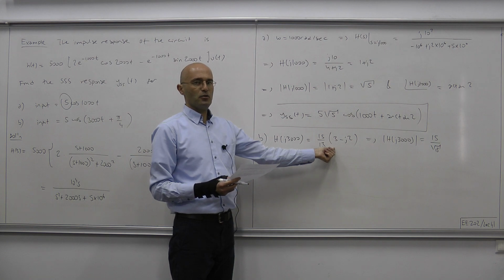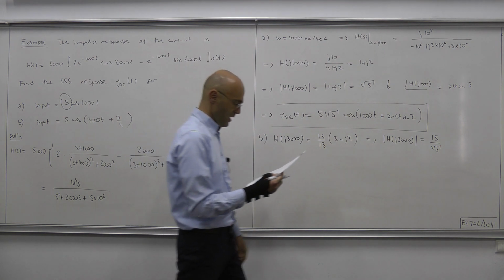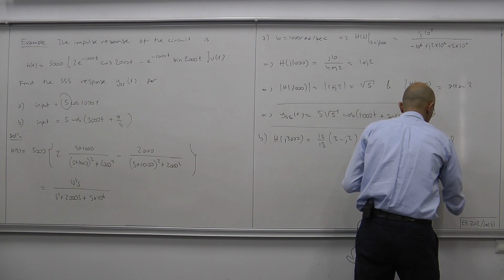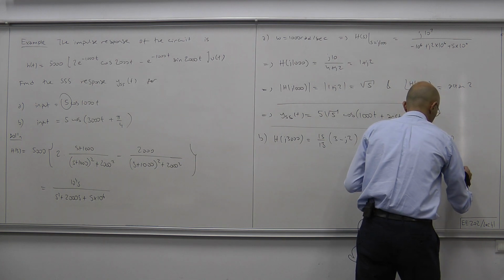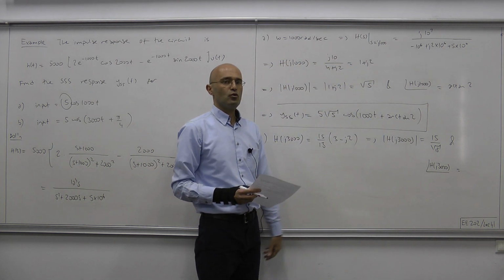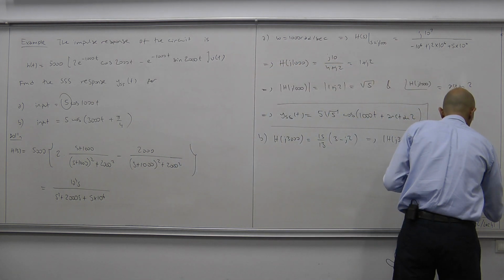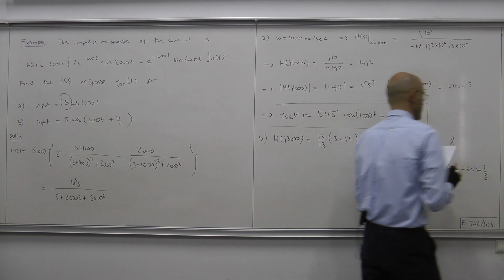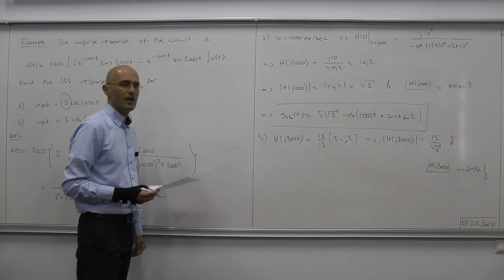That's the magnitude of this complex number. And the phase of H(j3000) is minus arctangent 2 over 3.